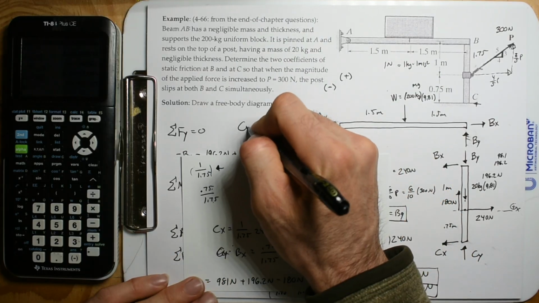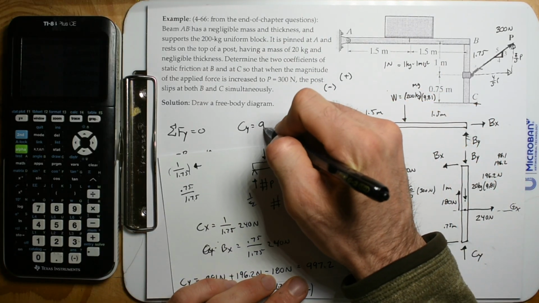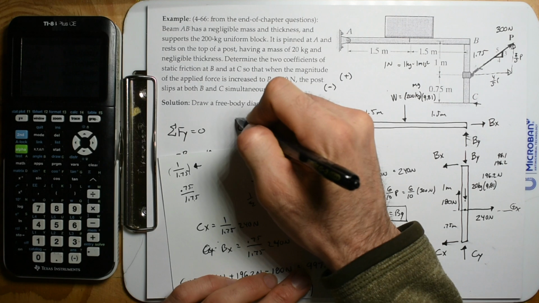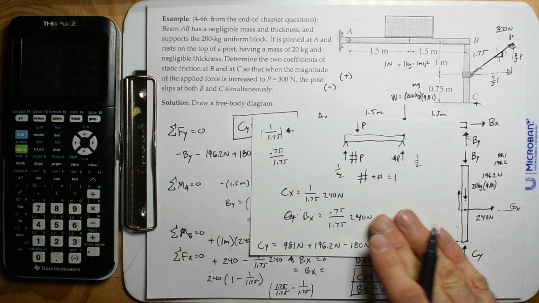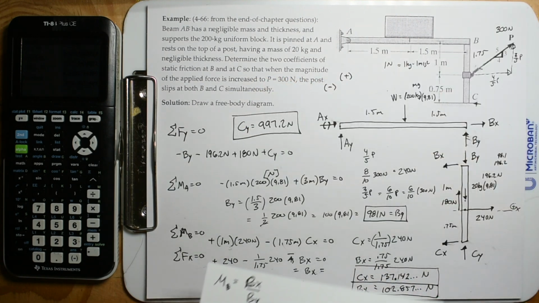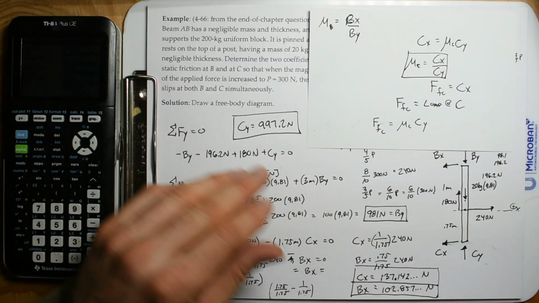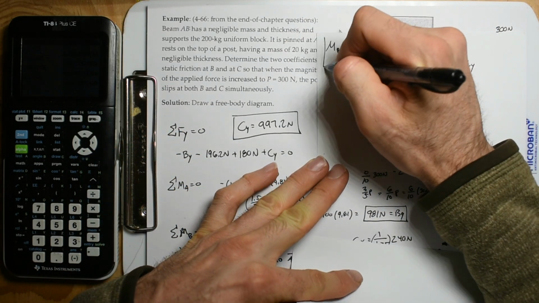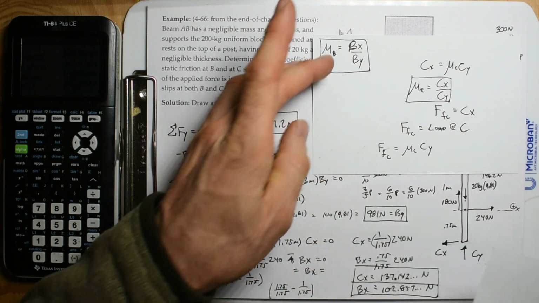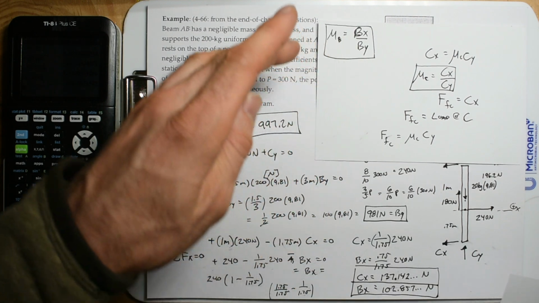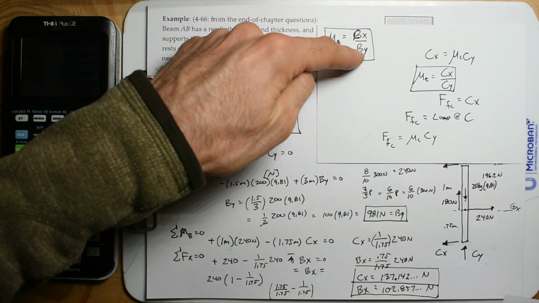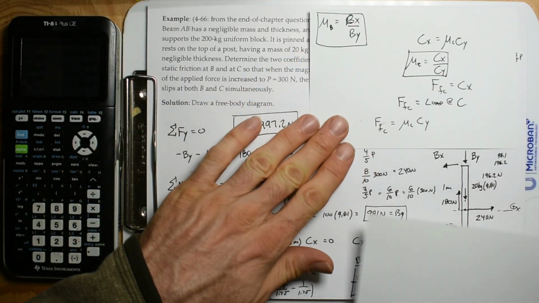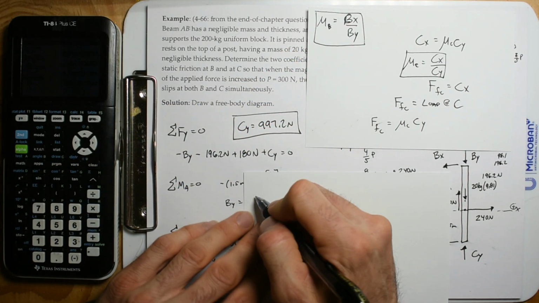So Cy is equal to 997.2 newtons. So we already solved for Cy, and now we're good to go. So we have our two equations for the coefficient of static friction in relation to Bx and By and Cx and Cy.